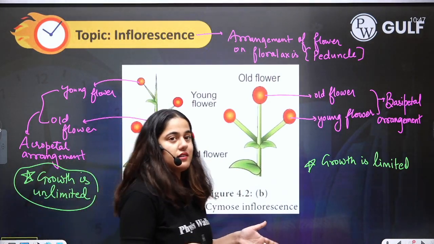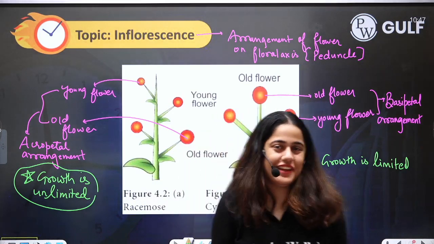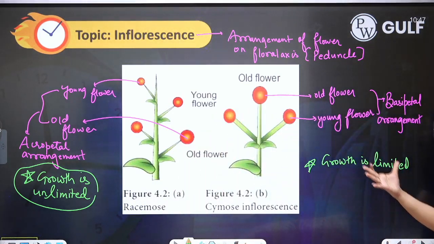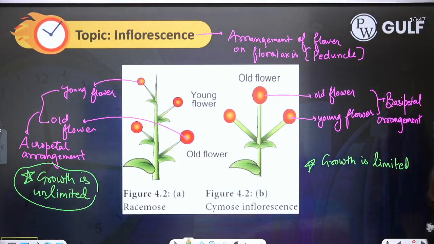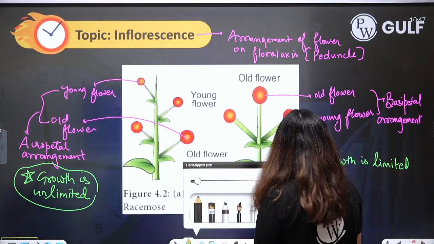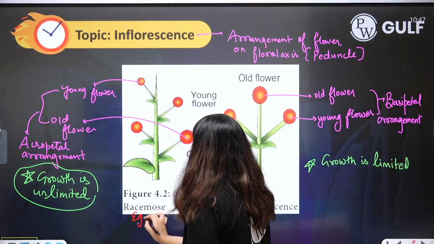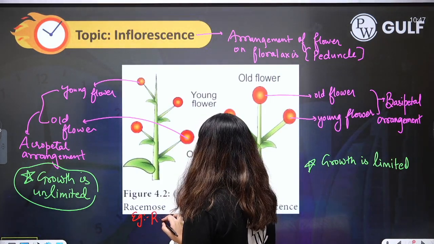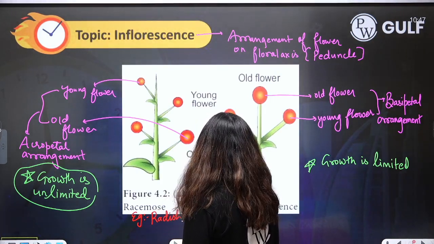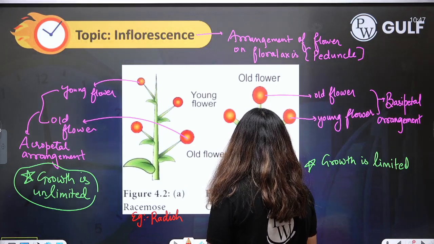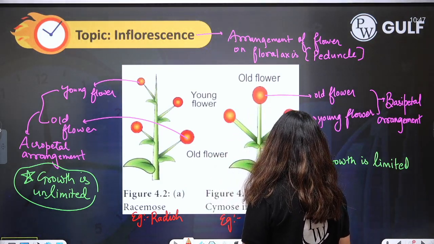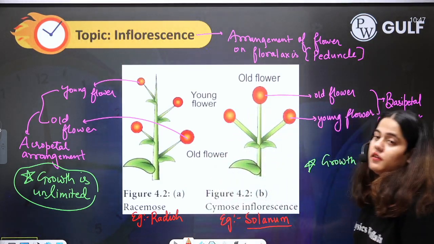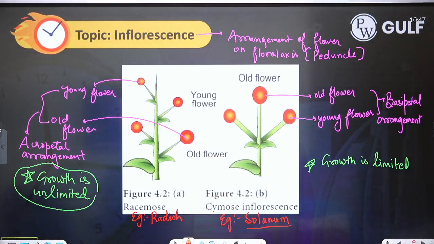Or until it's in its reproductive phase, right? So here growth is limited, there growth is unlimited. Example of racemose is radish or mustard. An example of cymose is potato, Solanum. So these are the two types of arrangement of inflorescence.